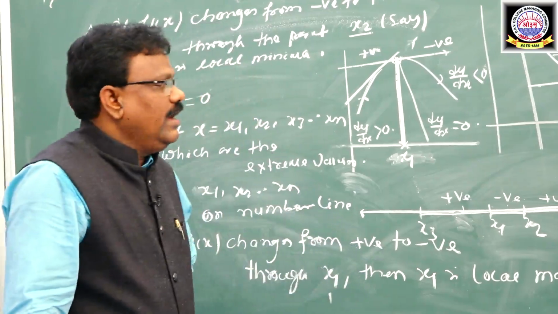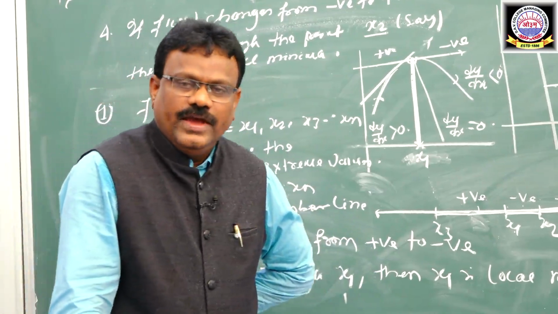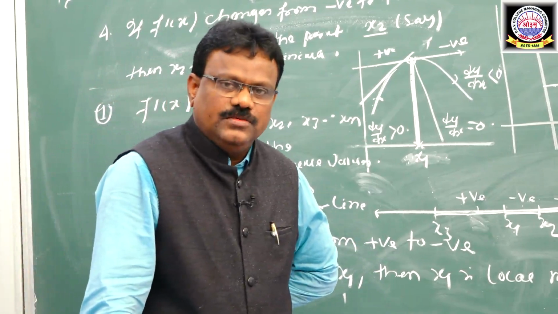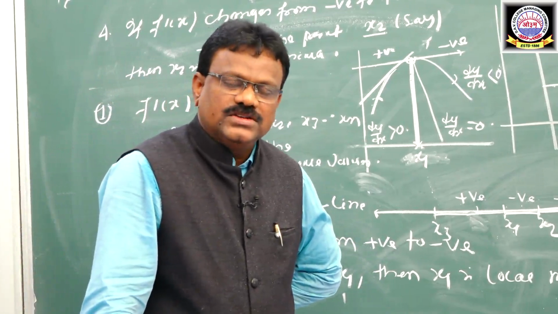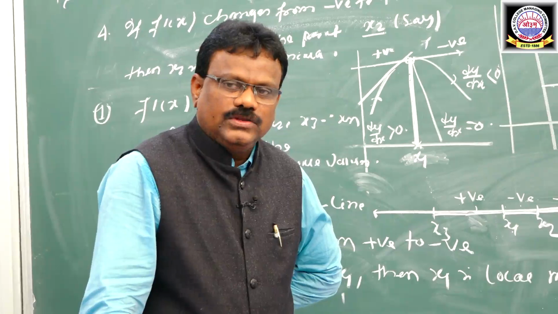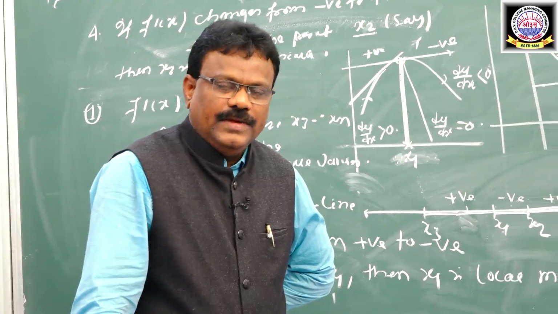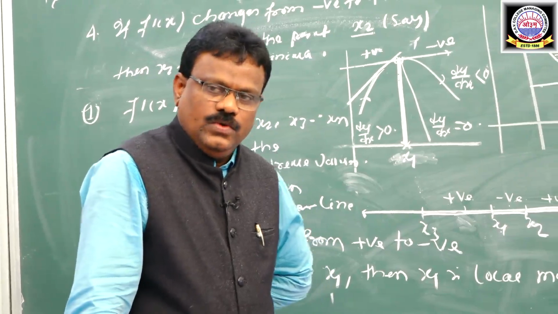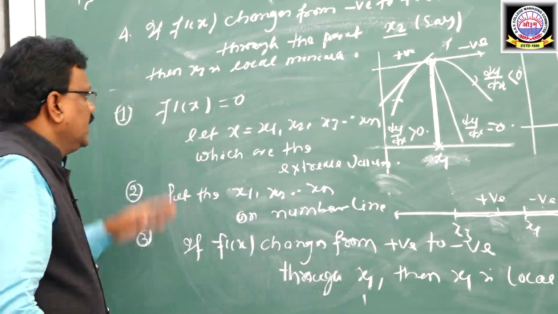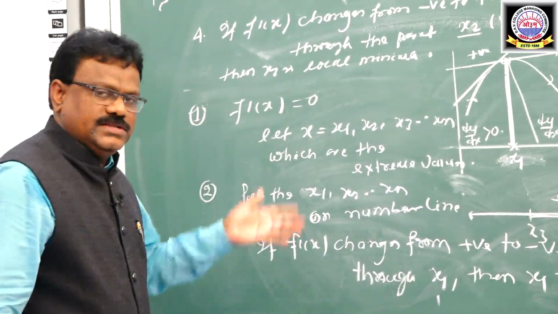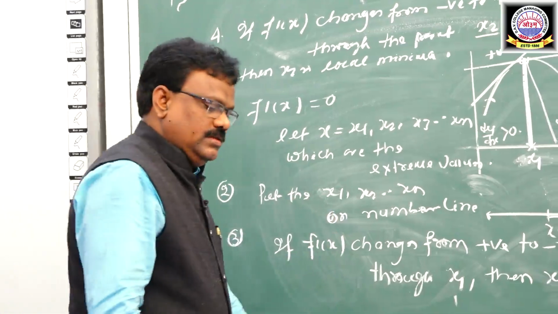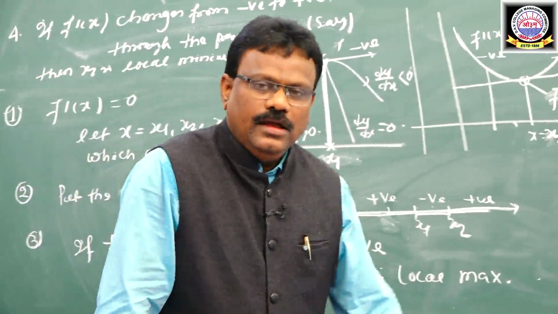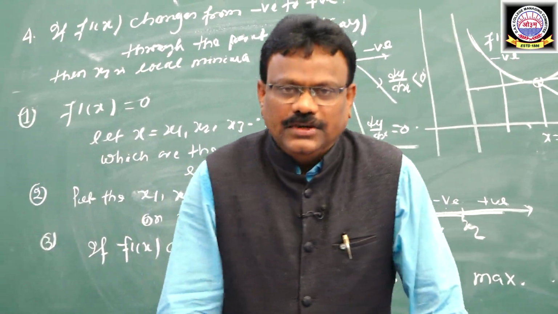And using the graph we have seen where the maximum values exist and where the minimum values exist. And we discussed the local maxima and the local minima. And by observing the graph, we have written the working procedure, the 4 points, how to get the point of local maxima and point of local minima.